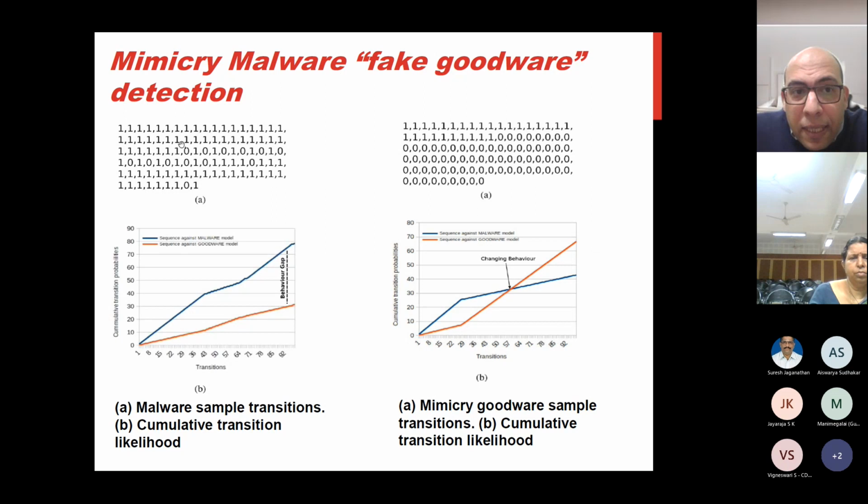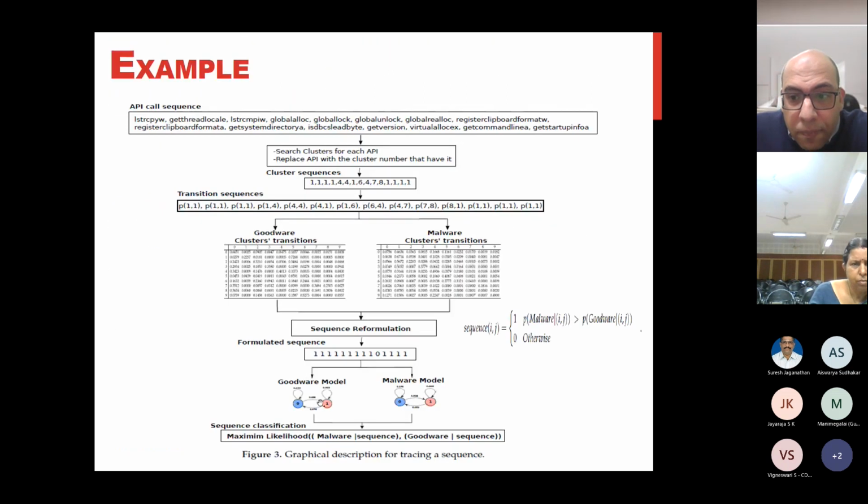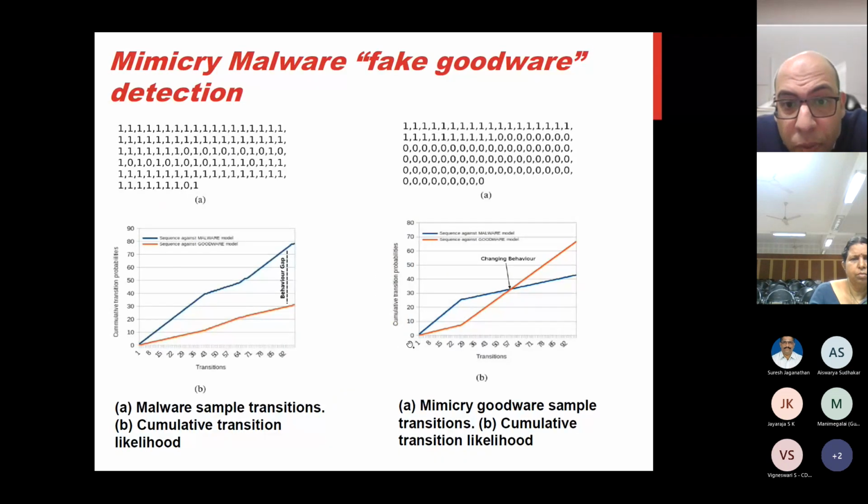Therefore, when we investigated this sequence against the malware model and the goodware model, we found that when you provide the sequence to the goodware model, the outcome changes. For example, this is the sequence. The red one is the goodware, and the blue one is the malware.